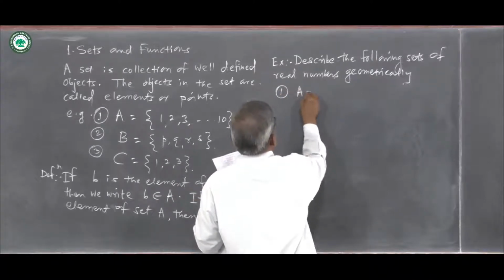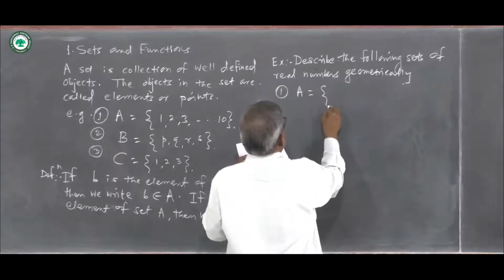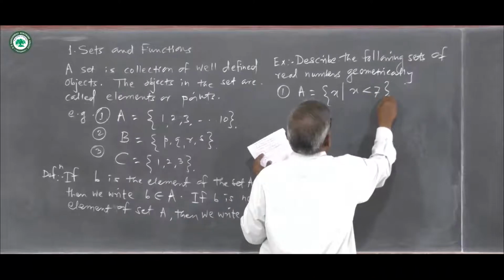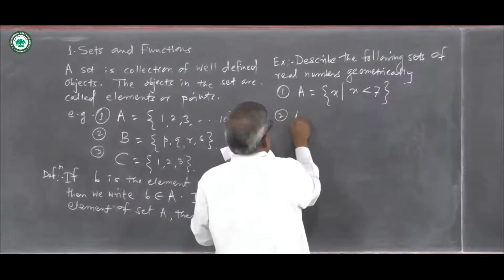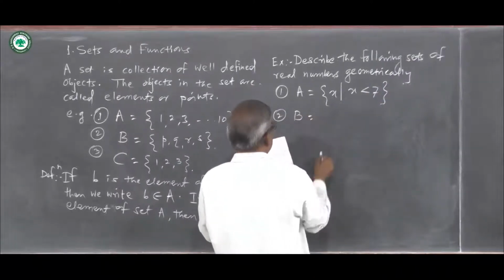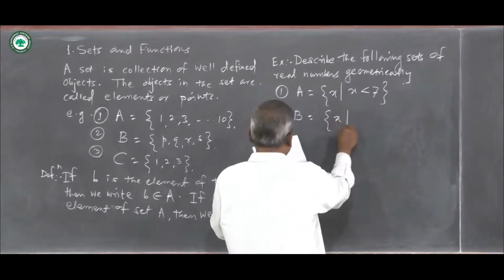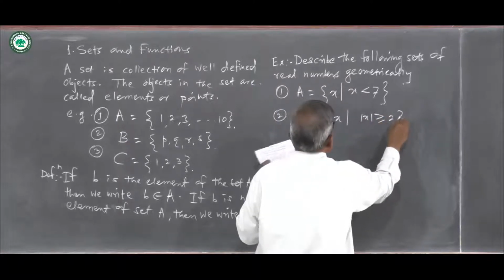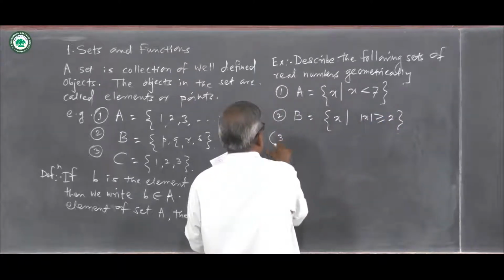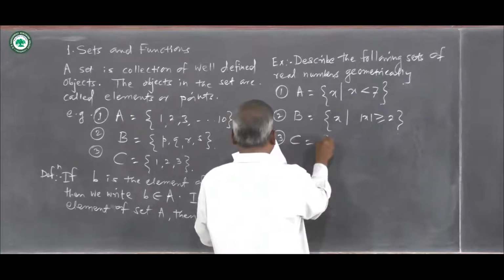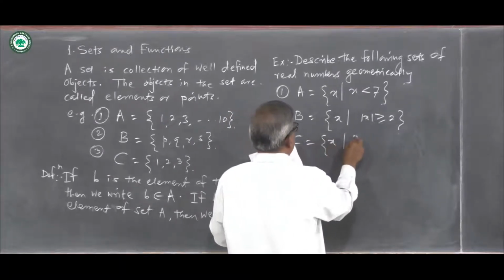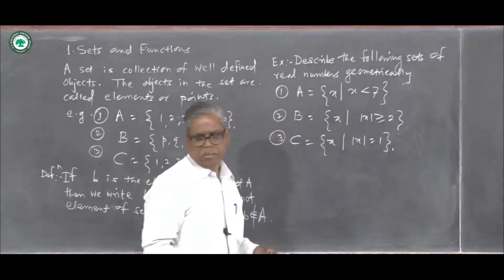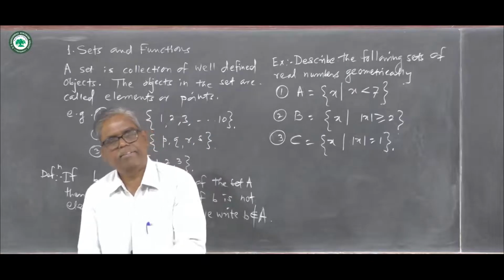First, capital A is equal to the set of all x such that x is less than 7. Second one, capital B is the set of all x such that mod x is greater than or equal to 2. Third one, capital C is the set of all x such that mod x is equal to 1. We describe these three sets.